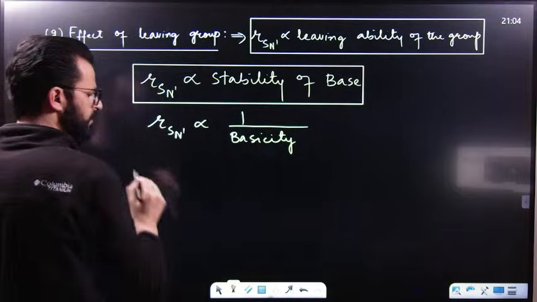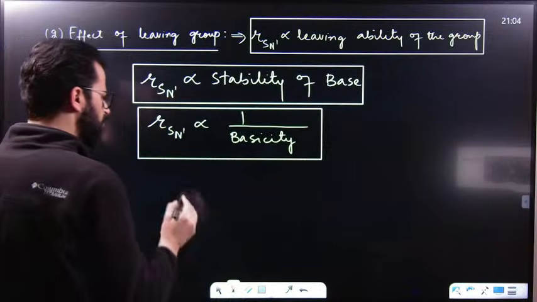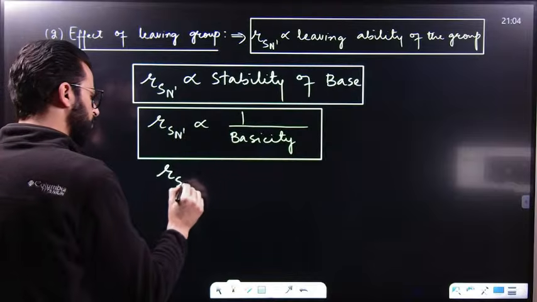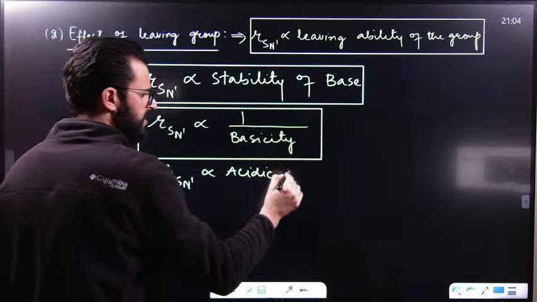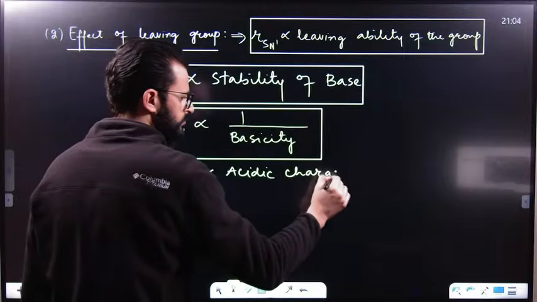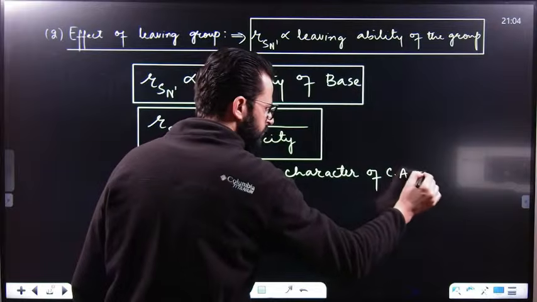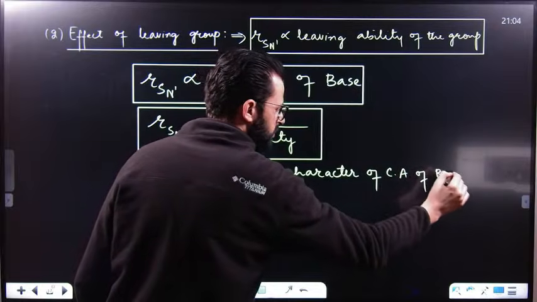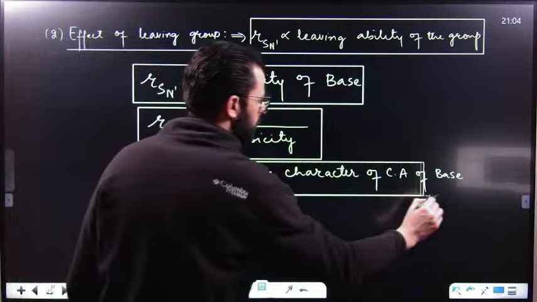And if it is a good leaving group, the rate is directly proportional to that. Or you can simply say rate of SN1 is directly proportional to acidic character of conjugate acid of base.